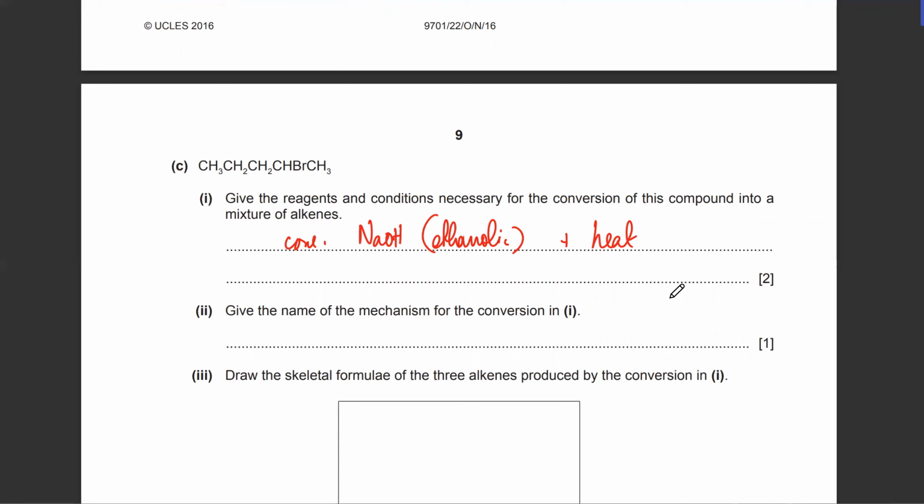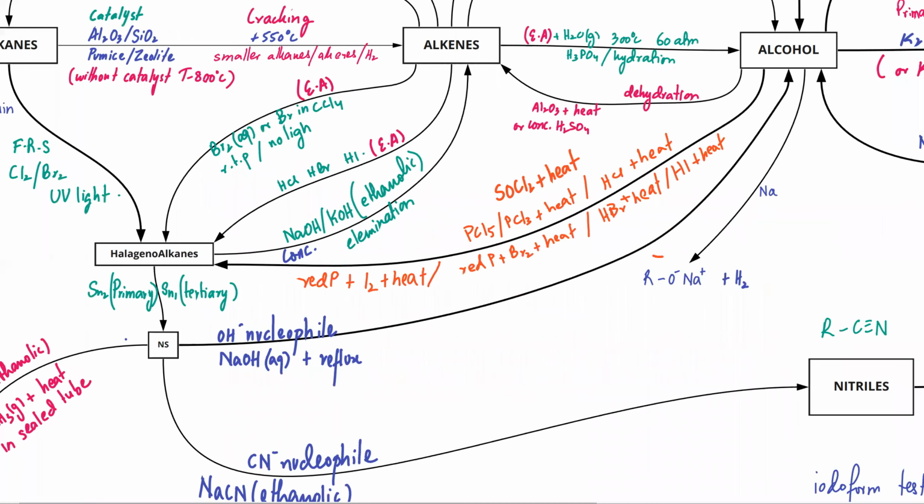Sir, do we have to write heat and reflux or just heat? That's it. If I give the name of the mechanism for the conversion into one, that's elimination. Why are they asking?